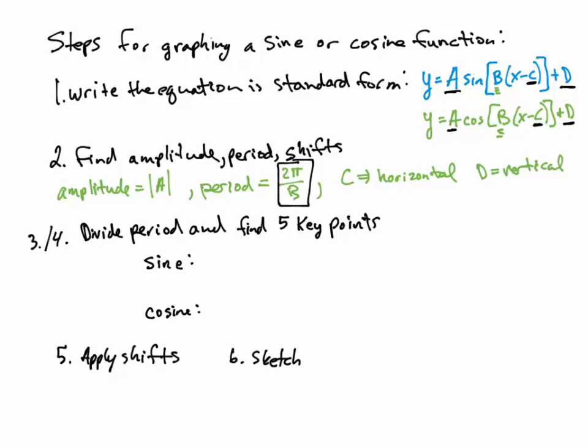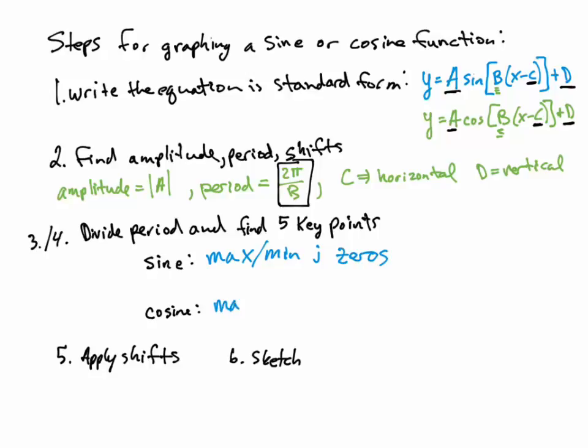All right, so once we find the period, once we find all of this information, the next thing we do is take the period and divide that into 4 quarters, and we'll see how this works when we look at an example. But again, we already saw how the 5 key points work. The 5 key points are the max and the min values, also where the zeros are.